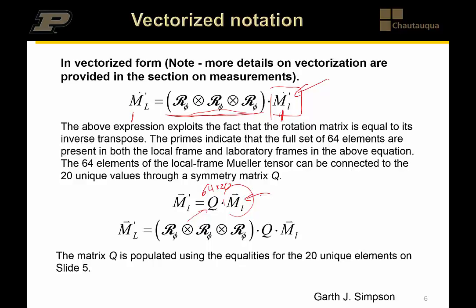And that now gives us something where we've got 64 elements on this side, and inside M_L here we've got 20 elements. So that's a big advantage in terms of dimension reduction.